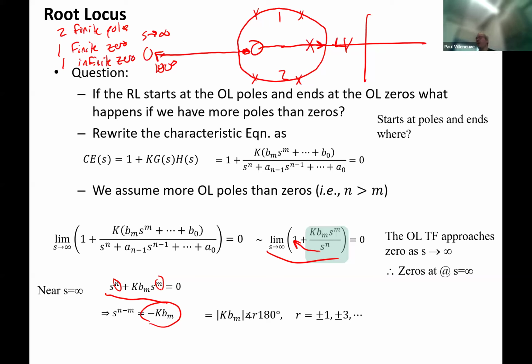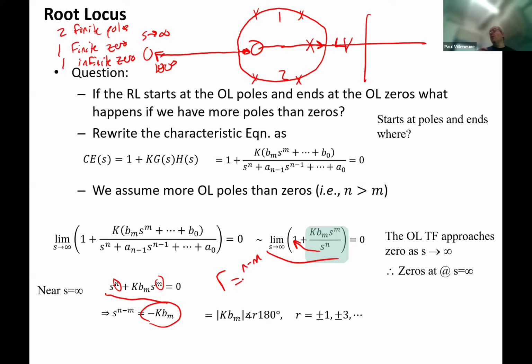The difference between the two tells us the number of poles or zeros at S equals infinity. And S to the N minus M, the number of poles, has to equal negative K over B_M. And that's going to be equal to this value of R. So R is essentially equal to N minus M.